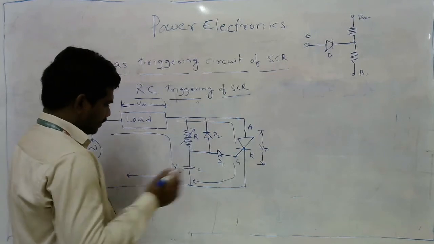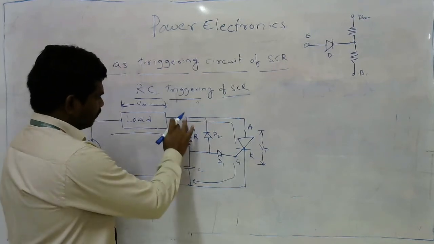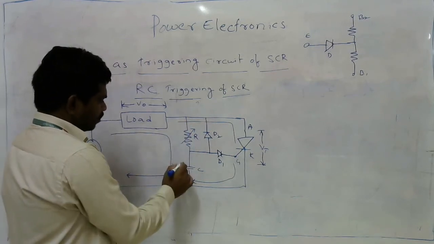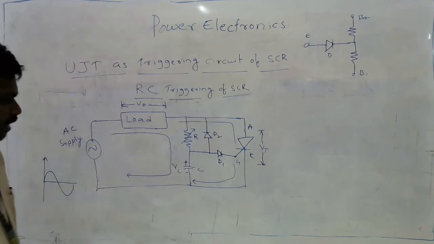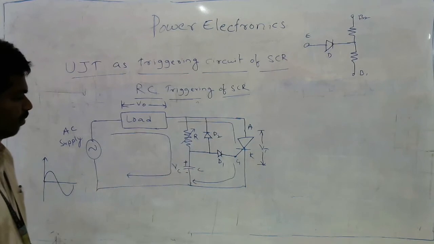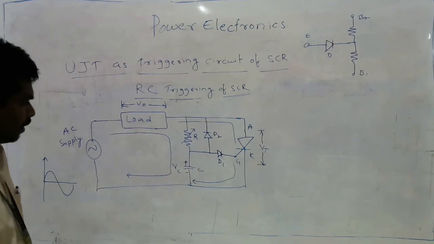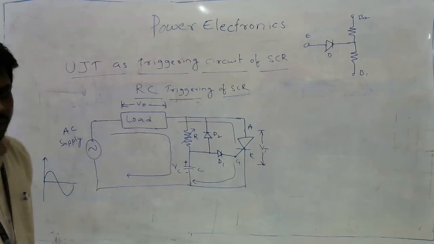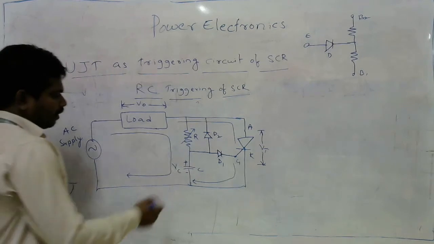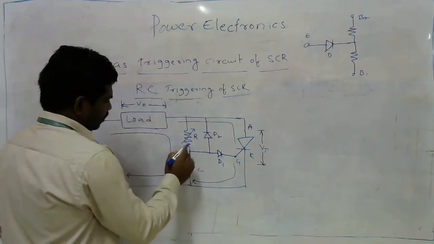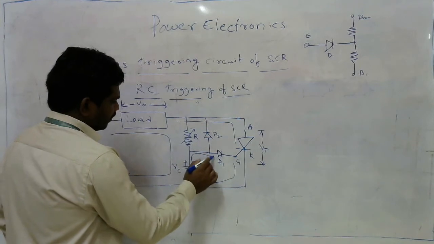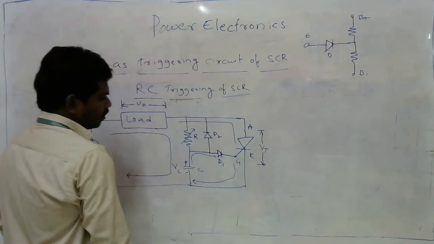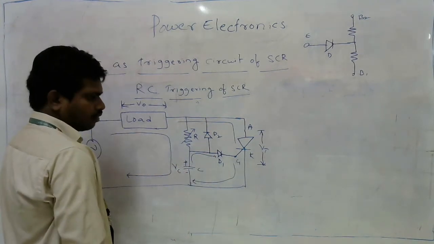Please remember that. Thereafter, if the current is coming like this, the capacitor charges with plus polarity on the upper plate and negative on the lower plate. Then the current is coming like this, and afterwards it drives the discharging current through D1.